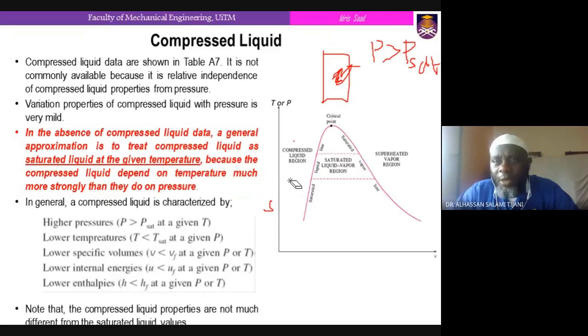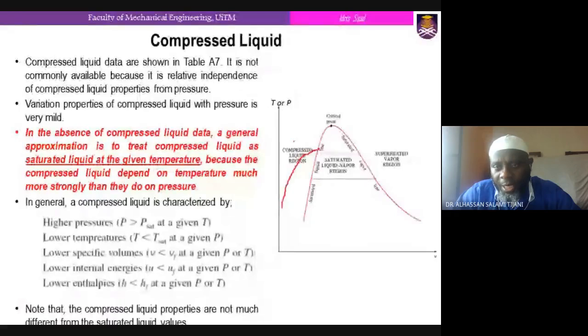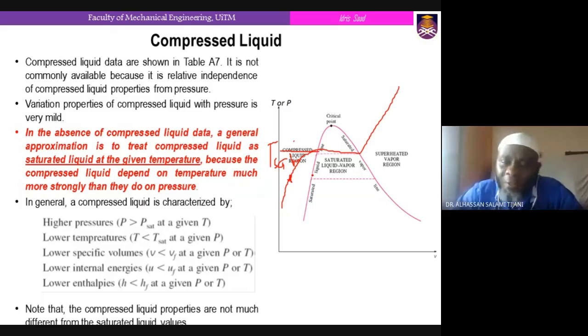So on a TV diagram, we also have a situation like this, where this is the constant pressure line, P is constant. Now again, if I have a fluid over here, we all know that this portion corresponds to the saturation temperature, T saturation. The saturation temperature is the same as the boiling temperature for water.